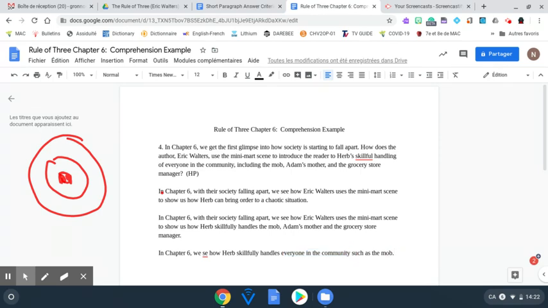This makes such a small target afterward because then the only thing that you can speak about when you're trying to write your development is how he handles the mob. So you're excluding your ability to talk about Adam's mother and the grocery store manager, which isn't really the end of the world, except that in this instance, addressing Adam's mother and the grocery store manager is part of the question.